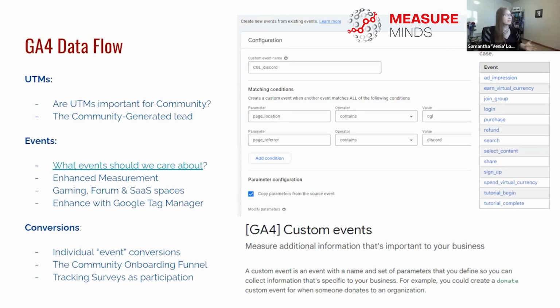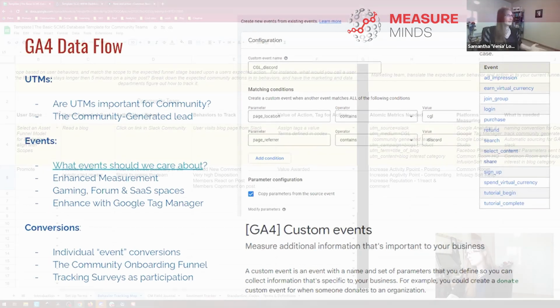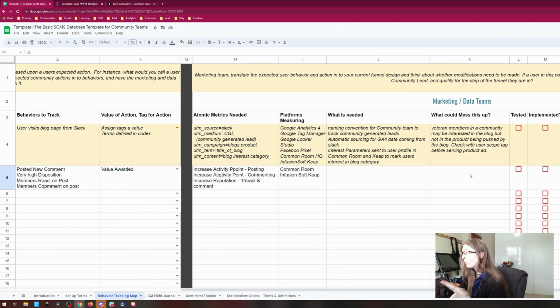So now the marketing team, just like they're reporting on the behaviors of their own work, can actually track the community's leads the same way they track their own. And now you have two comparable audiences, two comparable scopes. You have leads coming in from the community and leads that are not, and that allows you to compare the two.